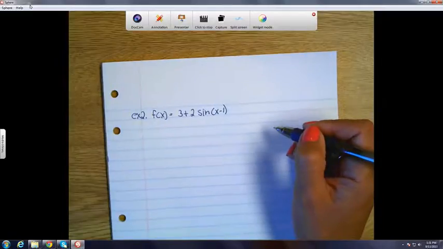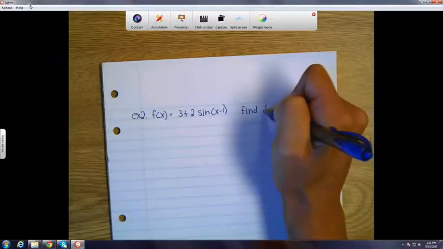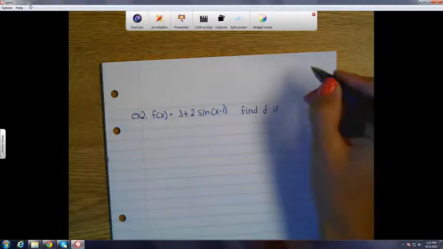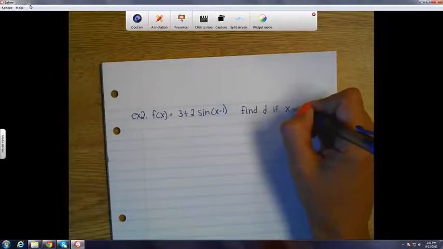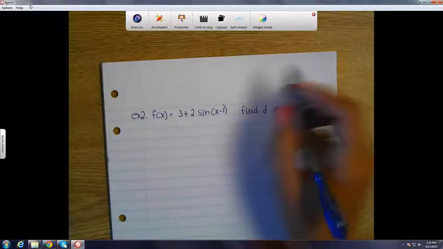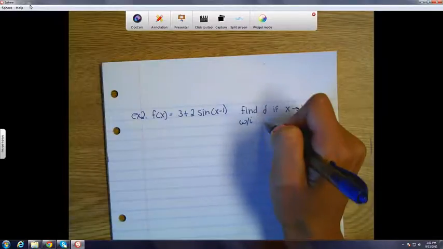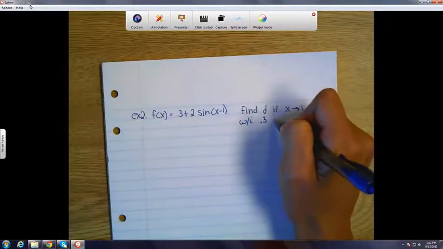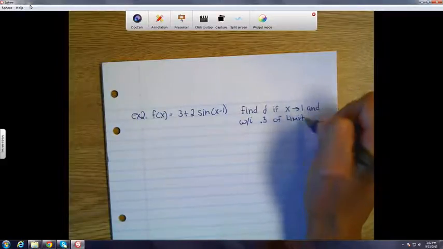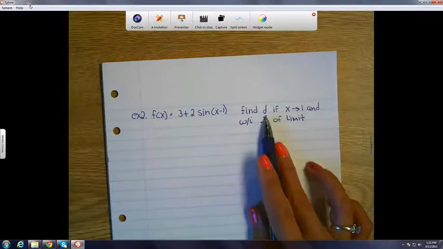I want you to find delta if x approaches 1 and we are within 0.3 units of the limit. And we're going to do this algebraically. Okay? So finding that delta, that's the triple inequality.